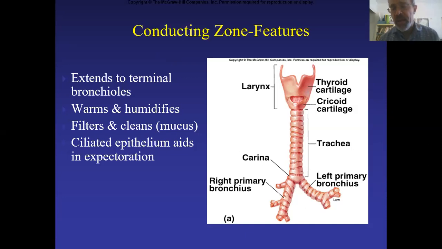The air outside is not at the same humidity as it is inside. And if we bring in dry air and don't humidify it, that could cause damage to our tissues. So we need to warm it, moisten it, and at the same time, filter out any dust or any particles that we don't need. This is where some ciliated epithelium comes in handy, and we'll talk about that as well.